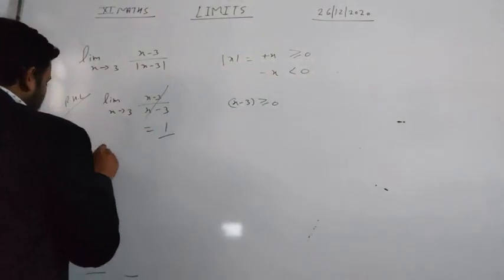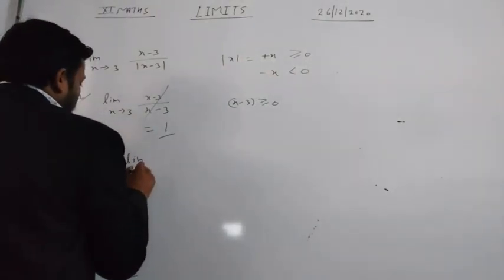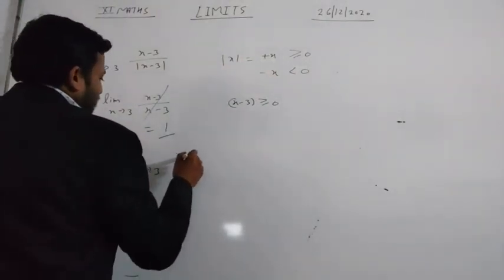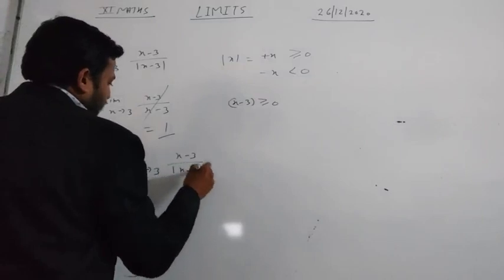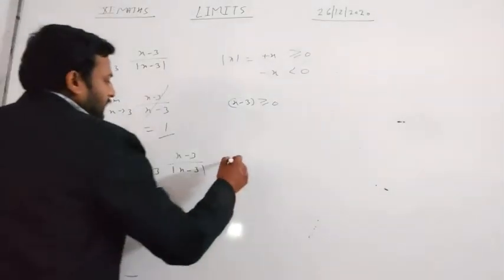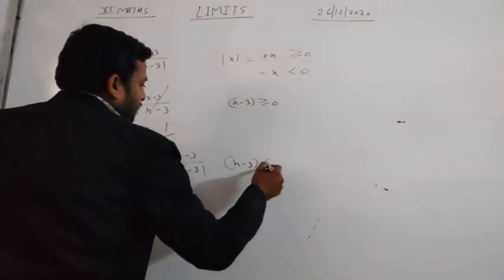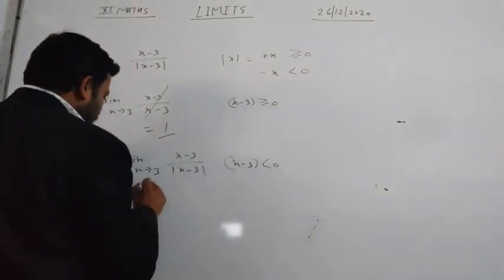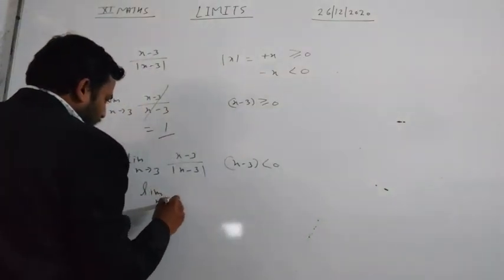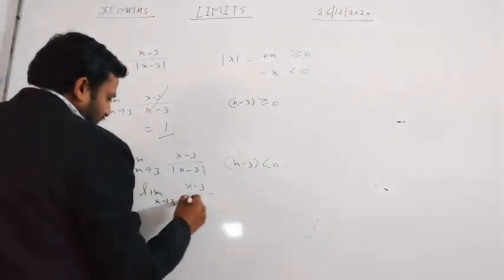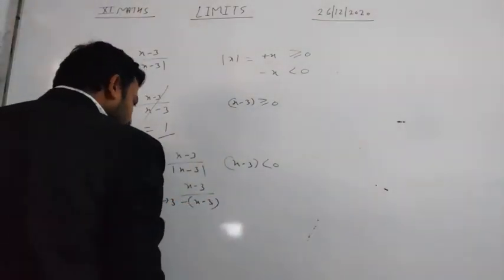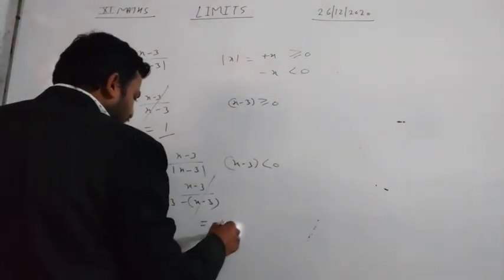And if we are considering the left hand limit, when x minus 3 is less than 0, we take modulus of x minus 3 as minus (x minus 3). So this is cancelled and we are getting minus 1.